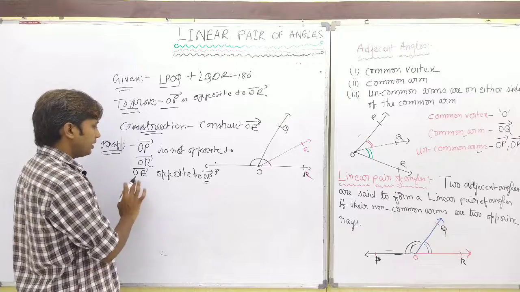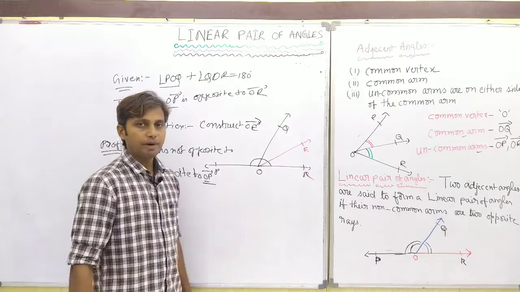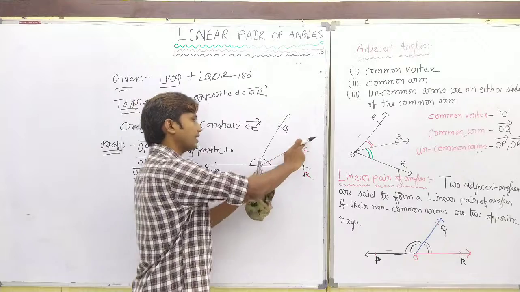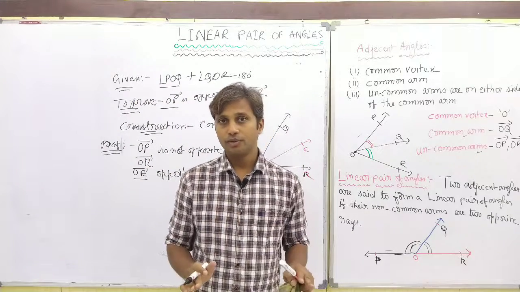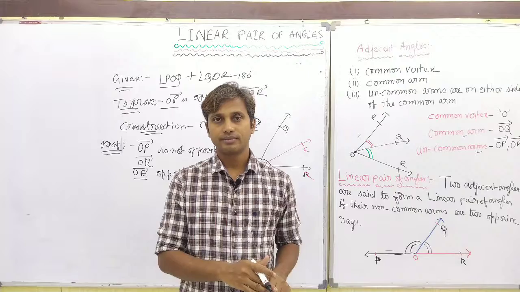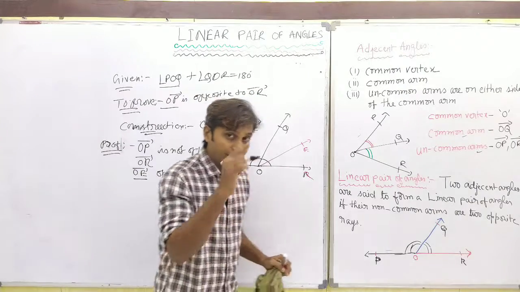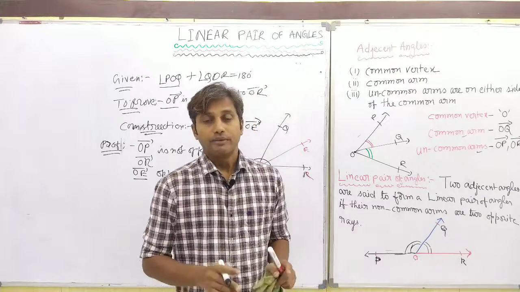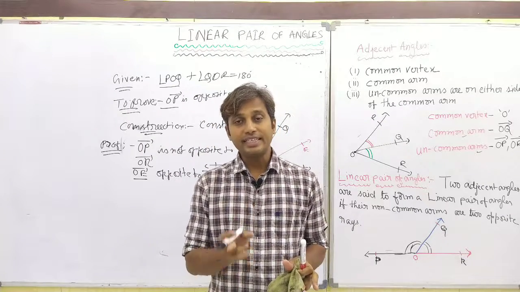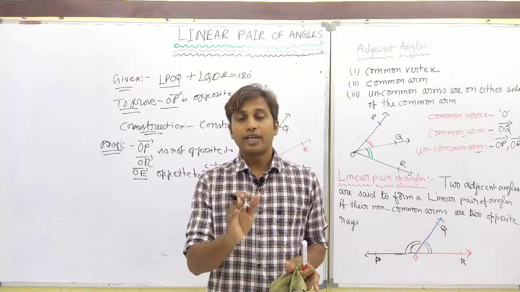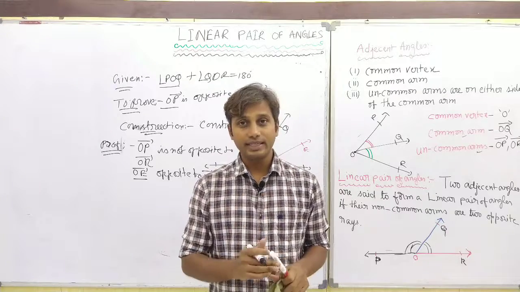Right? Now tell me. Here, as we took OE is opposite to OP, that means these two are considered to be opposite. This is not actually true, but we consider it like that. Whenever you take these two as opposite, in the previous theorem, what did we prove? When two rays are oppositely directed to each other, then the adjacent angles formed by them will be supplementary. Means the sum of those two adjacent angles is equal to 180.